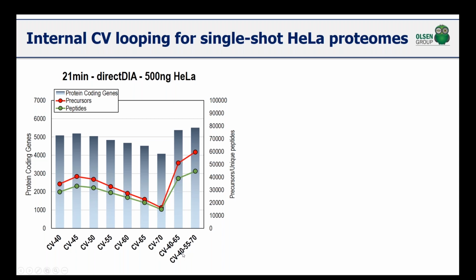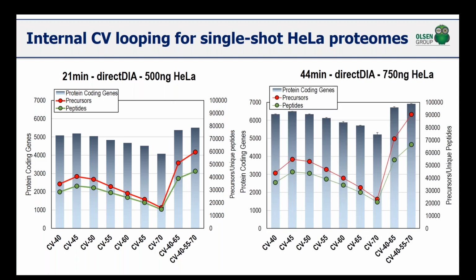So here we use CV 40, 55, and 70, and we can identify in the order of 40,000 unique peptide sequences, more than 60,000 precursors, and 5,500 protein coding genes.